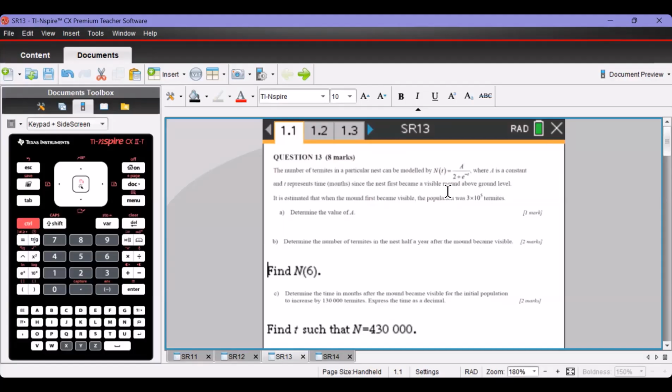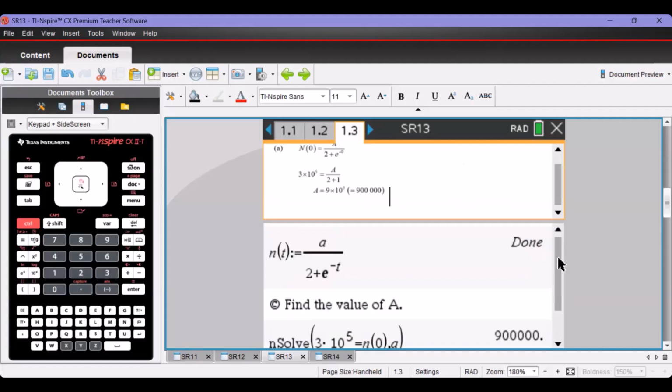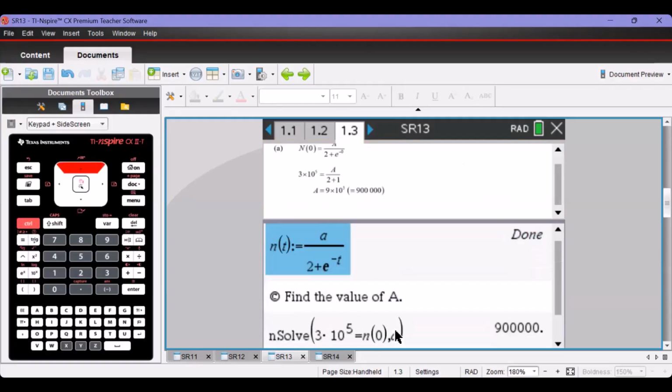If we go to page 1.3 in my document here, before we consider finding the value of A and then moving through all the parts, the most important way to start this question is to assign n of t to be A on 2 plus e to the negative t. So let's show you how to do that.